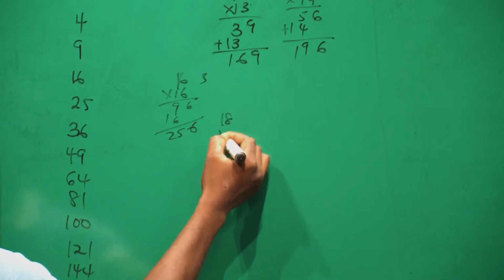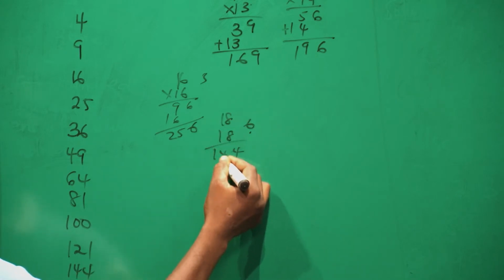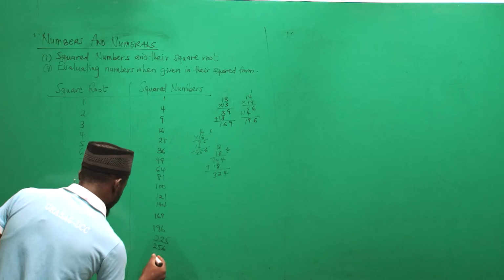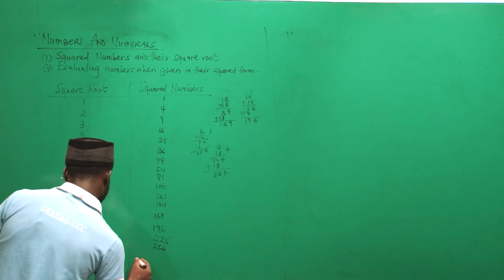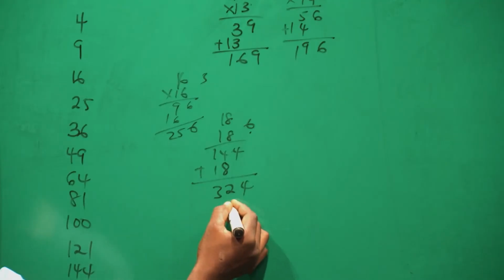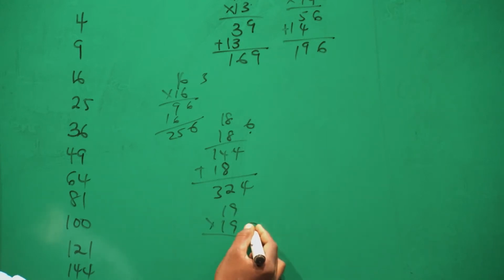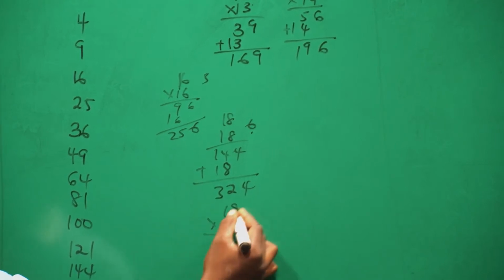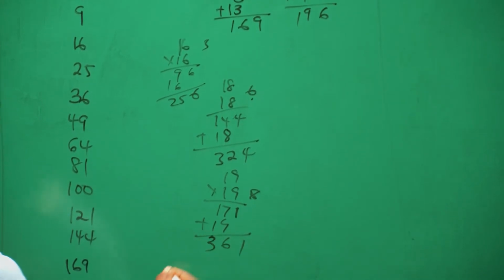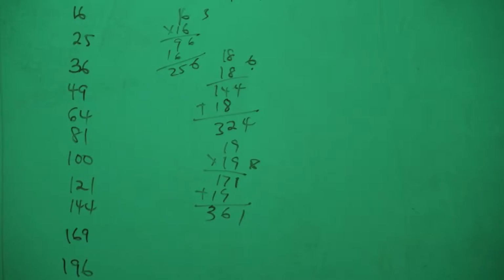So 256. 18: 8, 8, 64, carry 6. 8, 1, 8 plus 6, 14. 1, 8, 8. 1, 1, 1. 4. 3, 2, 4. That is 18: 324. 19: 361. 17: 289.